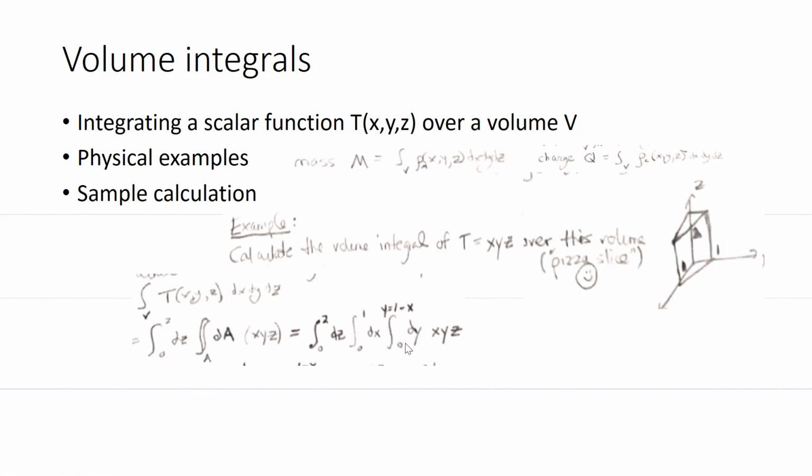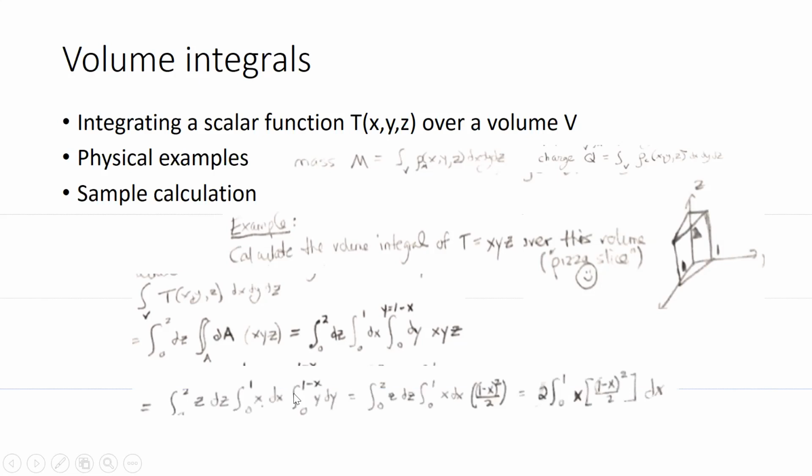So this would be our expression: the integral from 0 to 2 dz, integral from 0 to 1 dx, integral from 0 to y equals 1 minus x, dy xyz. This is something that you now know how to do, but let's go ahead and do it. We have the integral from 0 to 2 of z dz times the integral from 0 to 1 of x dx, as we had before, times the integral to 1 minus x of y dy.